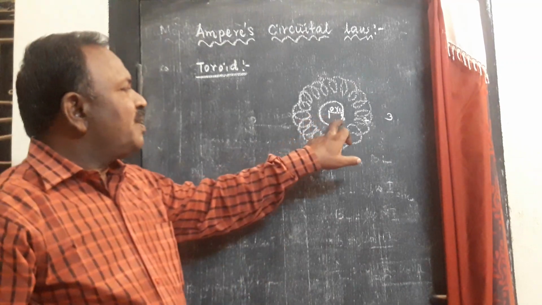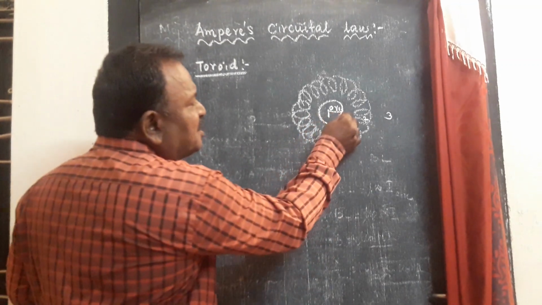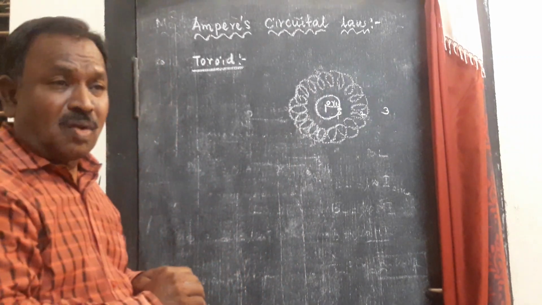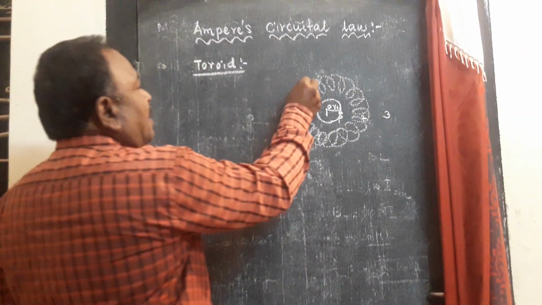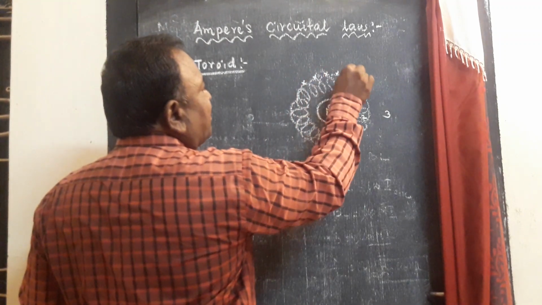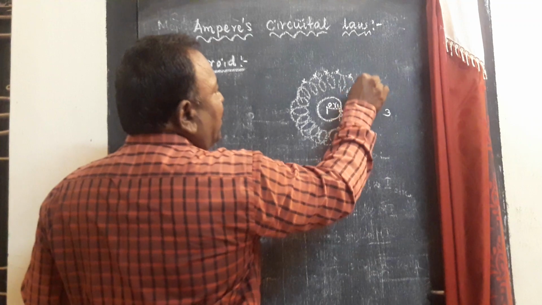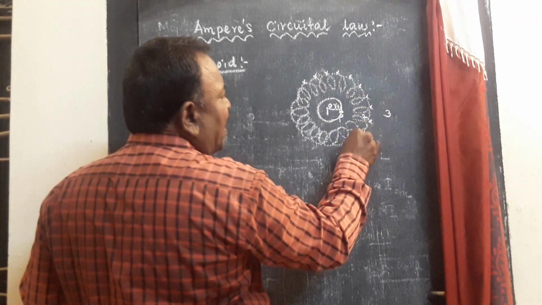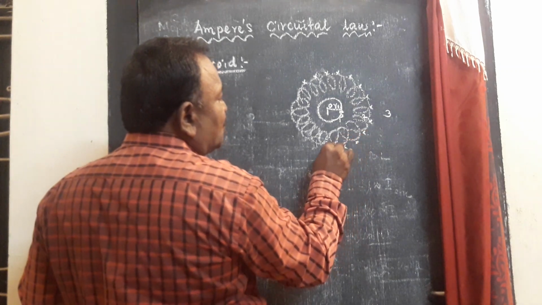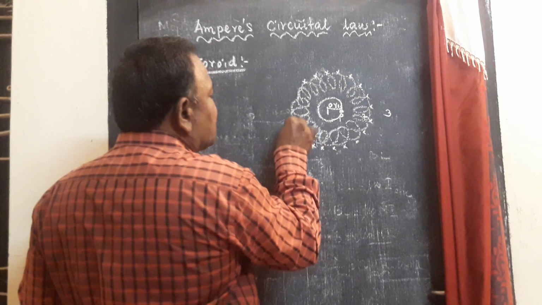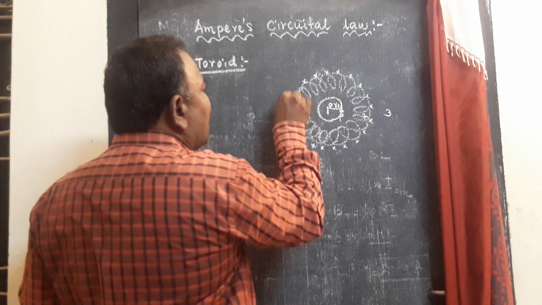I am going to find out what is the magnetic field at this point P. When you consider every turn of the toroid, this cross mark represents the current flowing perpendicular to the plane of the blackboard outwards. So in every turn, current is flowing outwards, perpendicular to the plane of the blackboard.